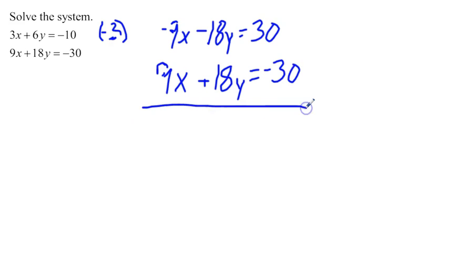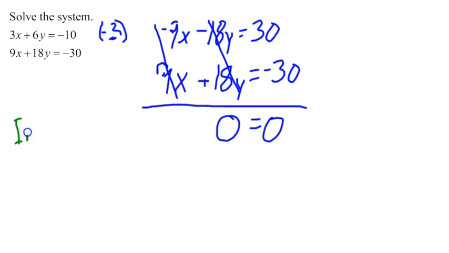We add these two equations together, negative 9x, 9x cancel out, negative 18y, positive 18y cancels out, so all we have is 0 on the left side, positive 30, negative 30, we get 0 equals 0. So if you get a number equal to a number, a variable equal to a variable, that means there are infinitely many solutions.